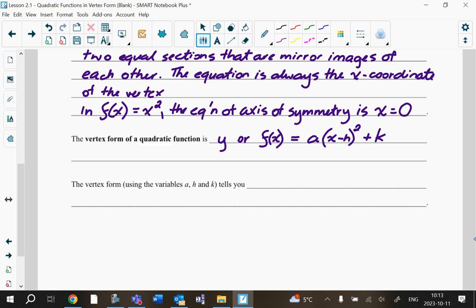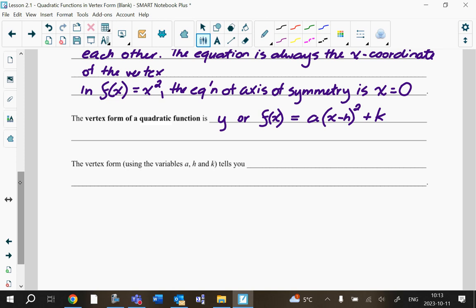And we're going to talk about this one first. And then we'll talk about this one next and this one last. So we're going to kind of go right to left. So the vertex form, using these variables, tells you how the parabola changes. I'm going to keep it simple. We'll go into more detail later.